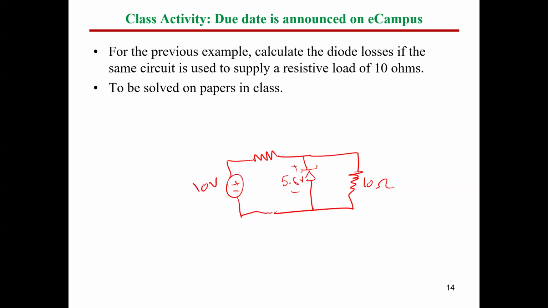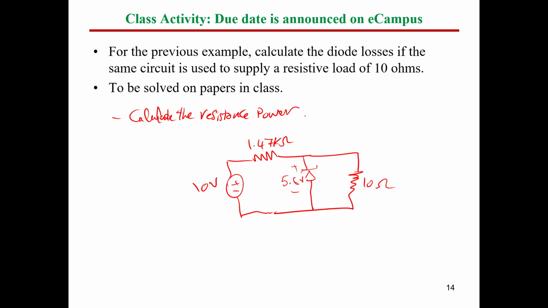So we have 10 ohms here. We have a resistance here. This resistance, we calculated the resistance, it's 1.47 kilo ohm, and we need to calculate the losses. I'm going to add one more thing, guys. So calculate the diode loss and also calculate the resistance power.